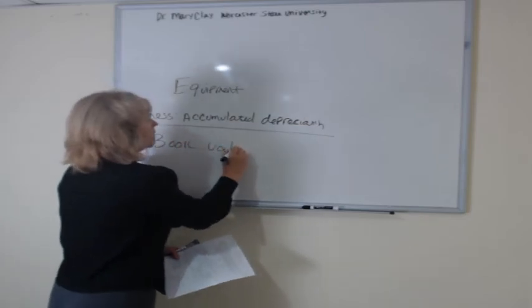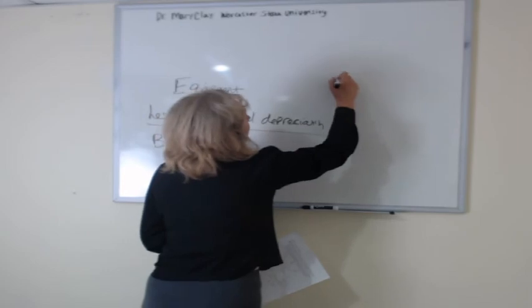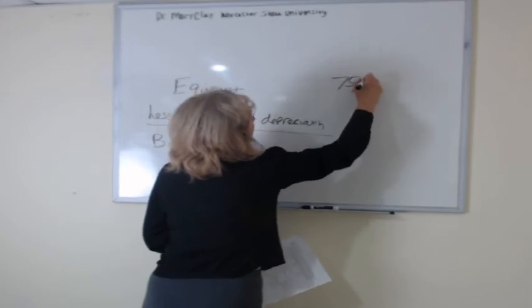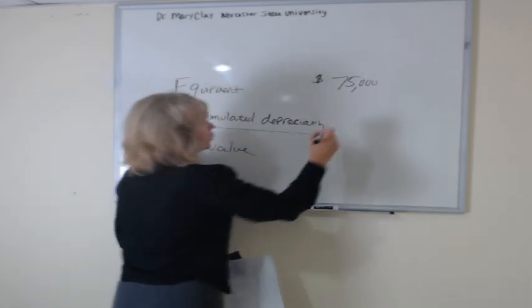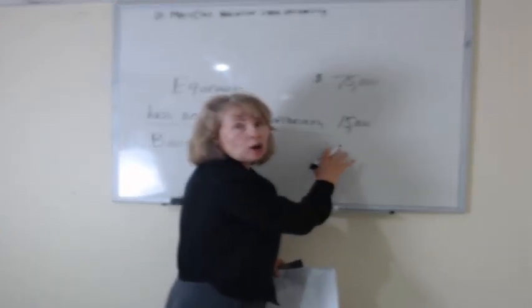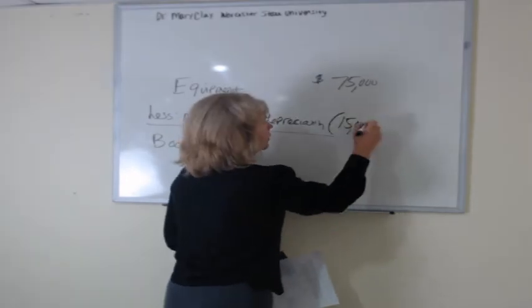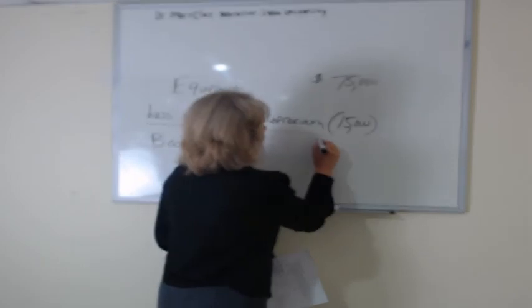So for my problem that I made up, the equipment was 75,000. The accumulated depreciation was 15,000. Remember, this is a contra asset. It's always going to subtract from the regular account. Draw a line.